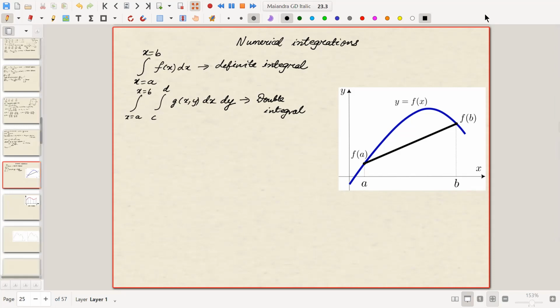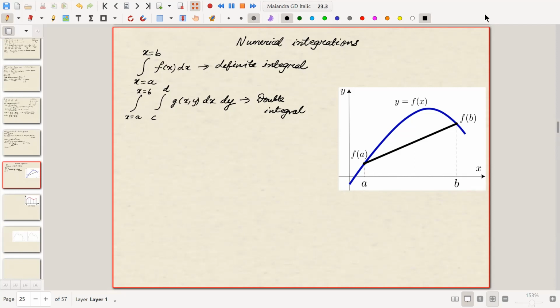You can see the figure on the right, a function like f of x, in blue. I know only about two points, A and B. If you have knowledge of only two points, the best you can do is fit a straight line.